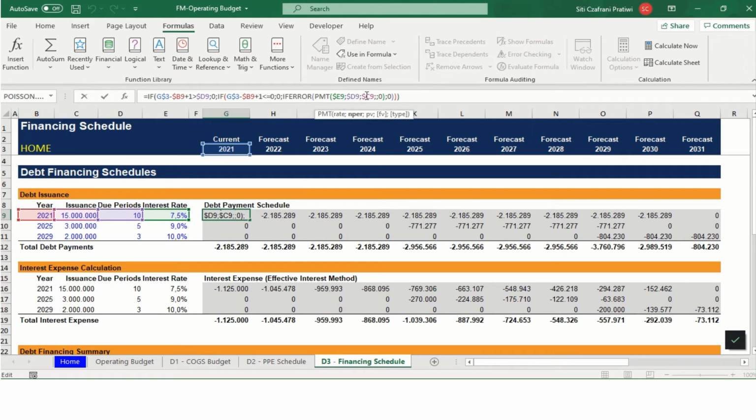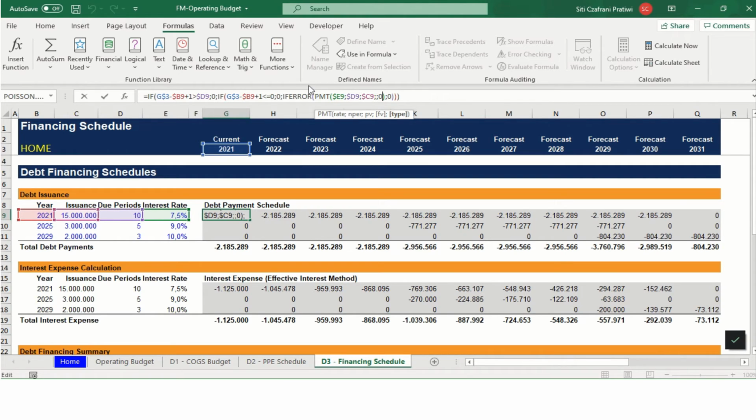All right, and C9 here is the value of your debt issuance, and we see C9 here is 15 million rupiah. And for FV, future value, we do not use this one, so we can just type a semicolon or comma, according to your Excel type, and the type is 0.